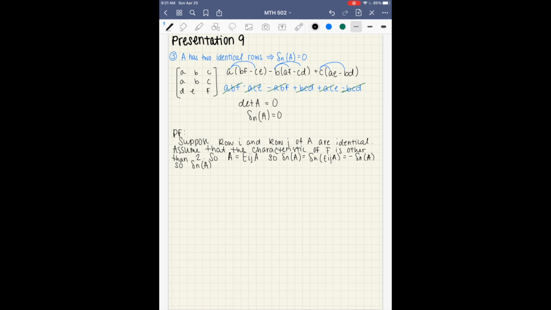So the determinant of A is equal to 0. Now, what if our characteristic equals 2?